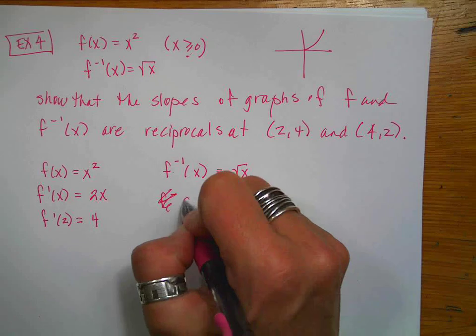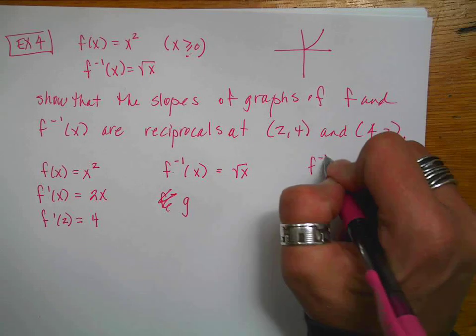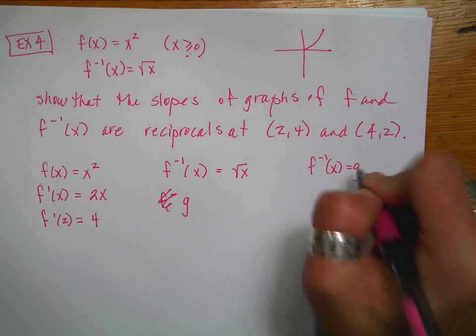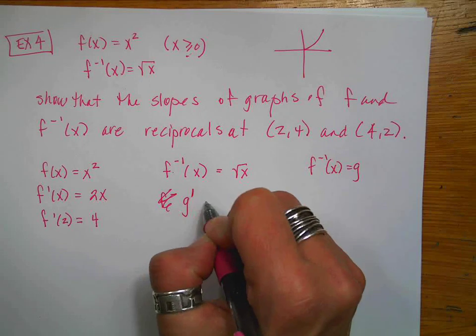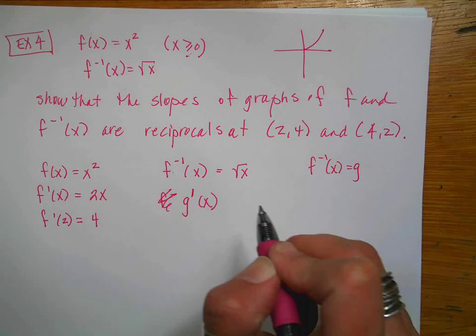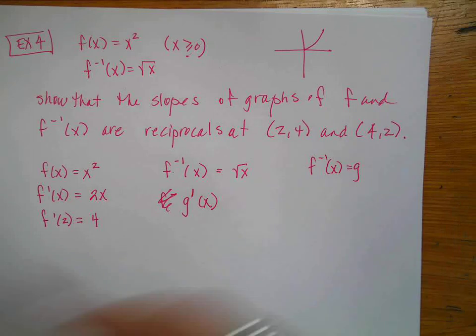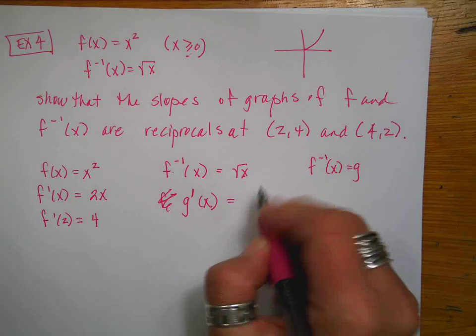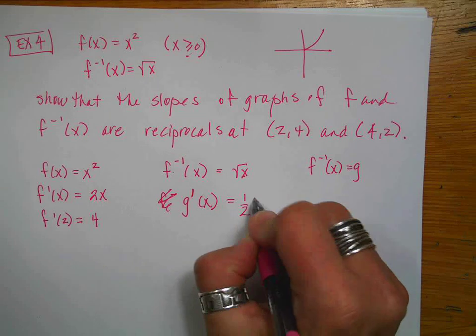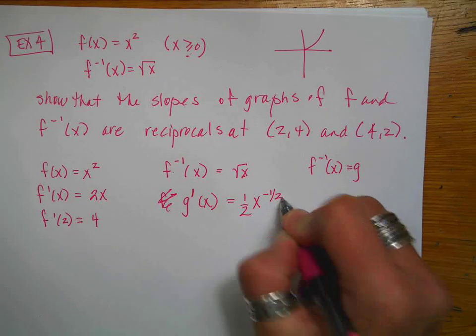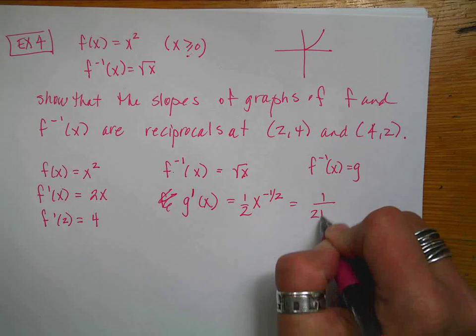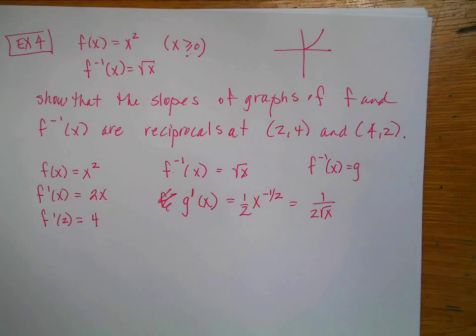And now I'm actually going to change this variable to a g, so I'm going to let f inverse of x equal g. So now I want g prime of x, because remember, if we're talking about slope, we want to evaluate our function. So the derivative of the inverse is going to be 1/2 x to the negative 1/2, which is 1 over 2 radical x.